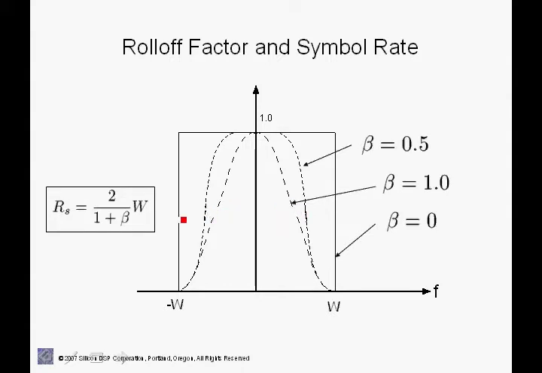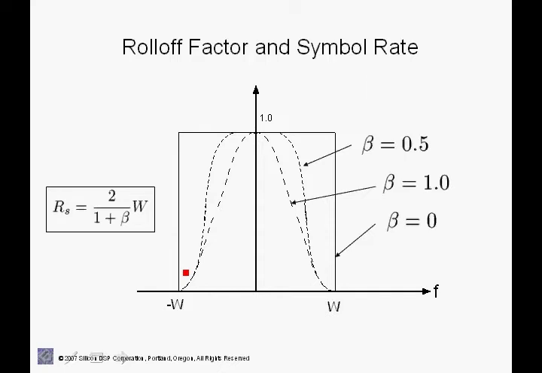For each one of these cases, if we refer to this relationship here, we see that for beta equals 0, the symbol rate is twice the bandwidth, so we get the highest throughput with beta equals 0. For beta equals 1, we get that the symbol rate is equal to the bandwidth.